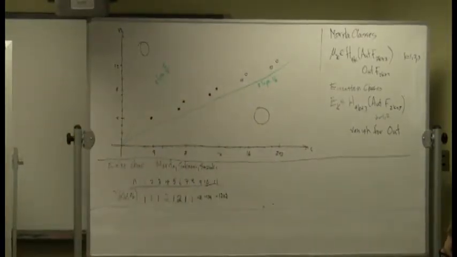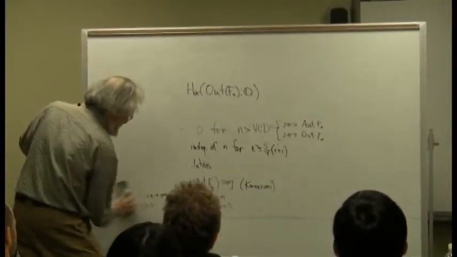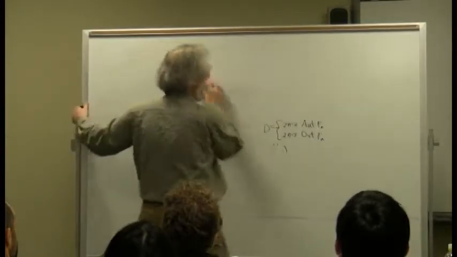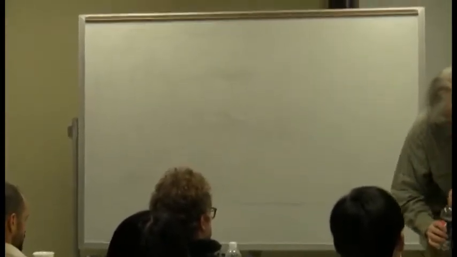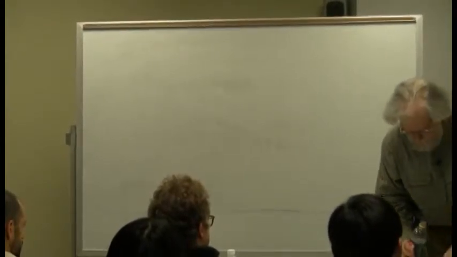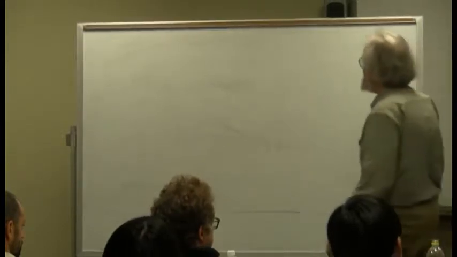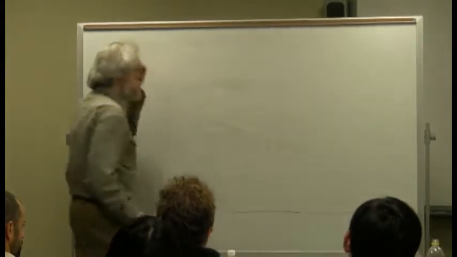So I'll start with something that would come even before the Morita classes, some classes that turn out to be zero. I said the VCD for Out Fn was 2n minus 2.